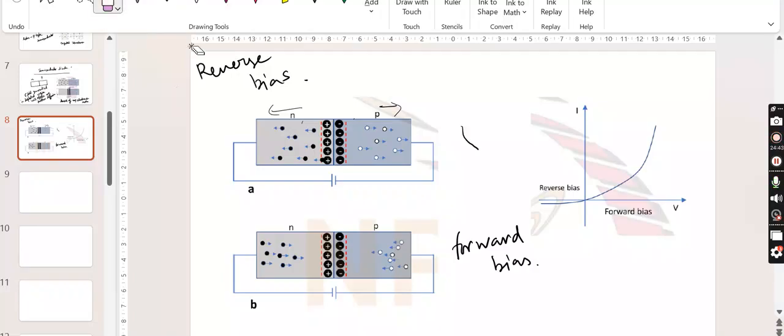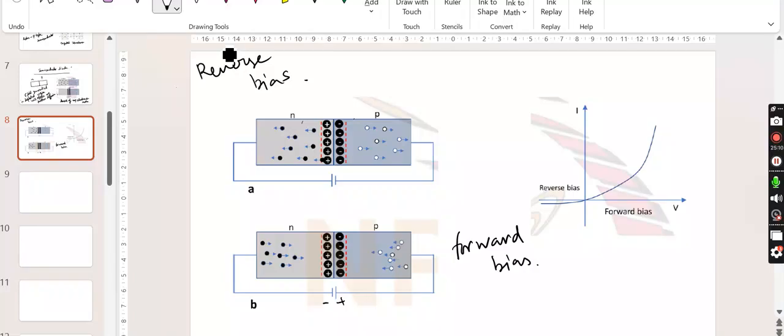So that's the thing we need to understand: all those diodes work in the forward bias region. When we apply forward bias, the n side of the diode is connected to the negative side of the battery. This negative side repels those electrons.